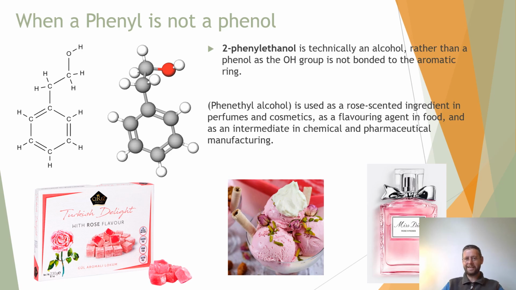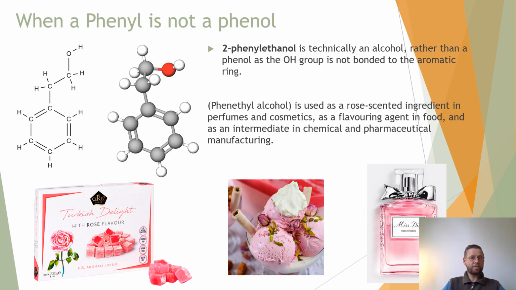So when is a phenyl not a phenol? Well, phenyl with a Y corresponds to the old word for benzene, and any chemicals derived from benzene with things attached are perhaps called phenyl. Not all of them are going to be phenol. What we need for phenol is an OH group directly attached to the ring.